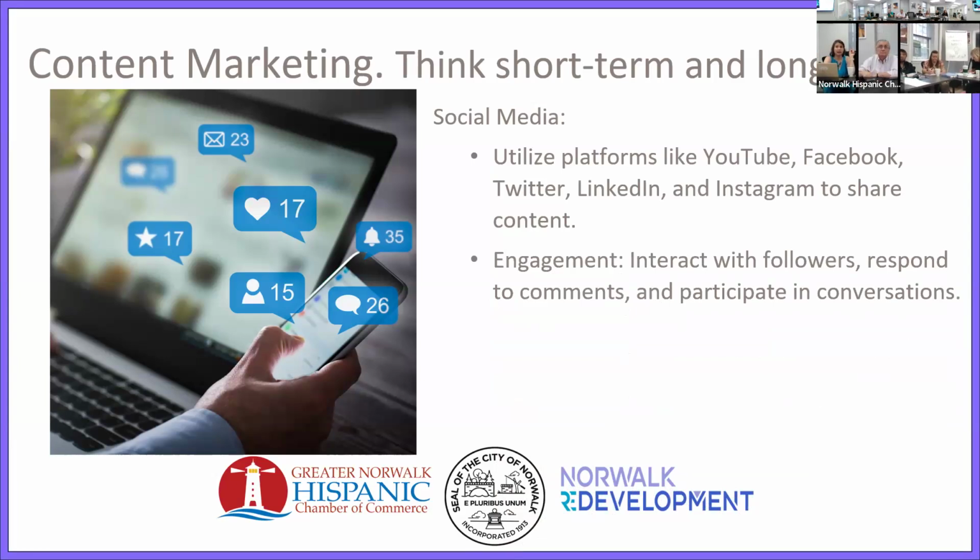Engagement is very important to be able to interact with the followers and respond to their comments and participate in the conversations. That eats up a lot of time. But if you put a post and somebody comments or asks you a question and you don't answer, then people don't interact with you. And the other thing that is good about interacting with people is when people interact with you, other people are going to see their interaction with you in their feed.